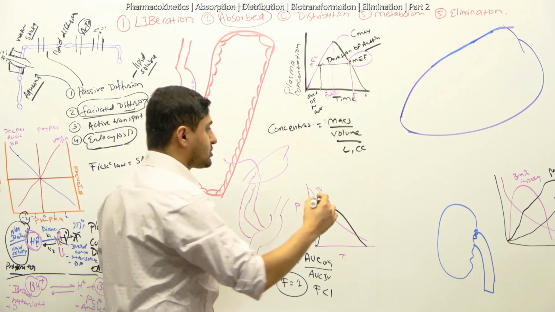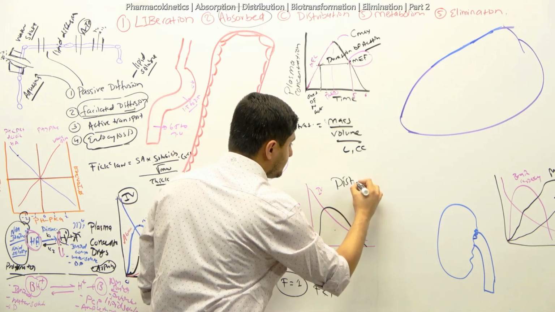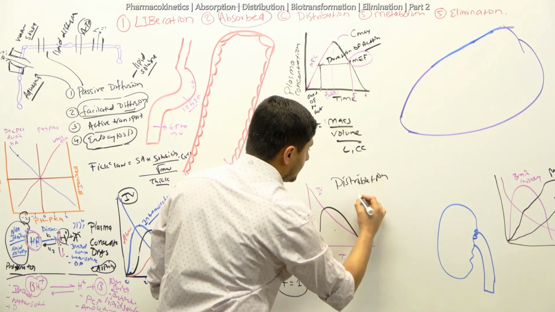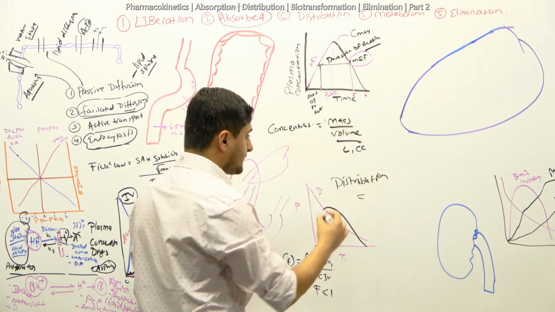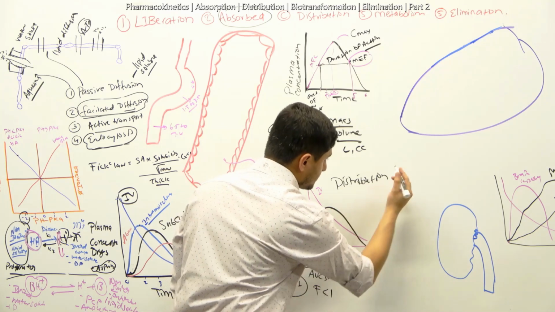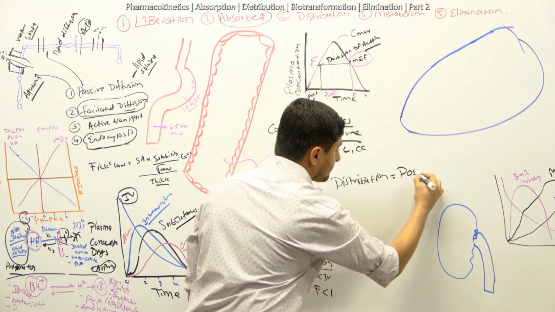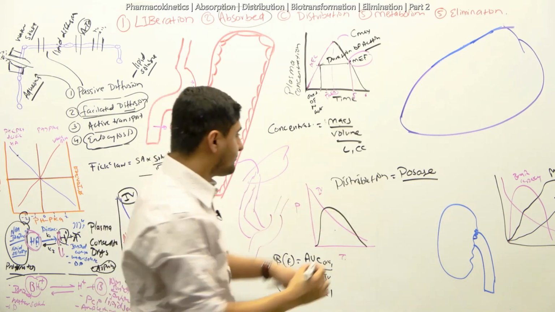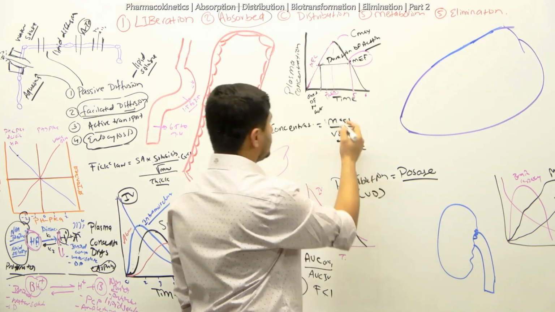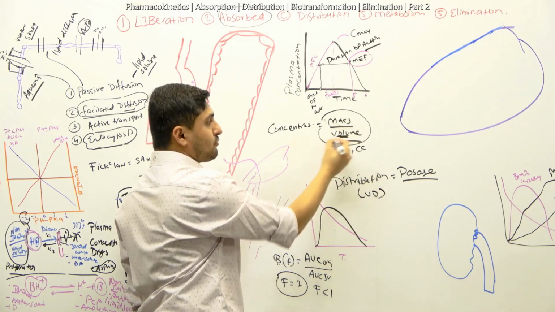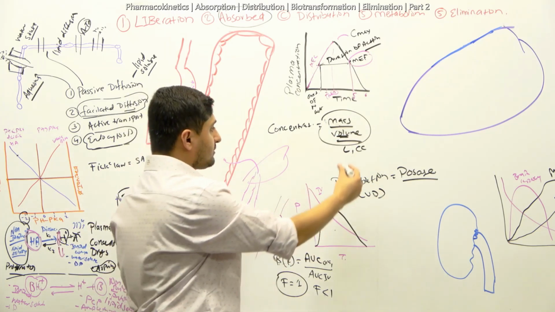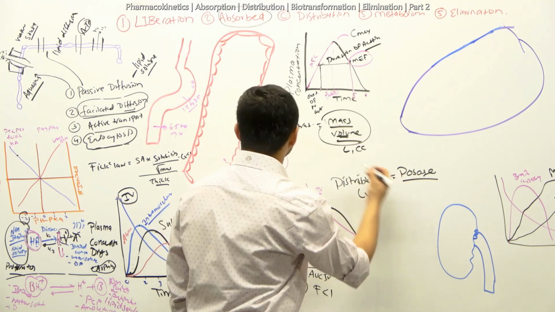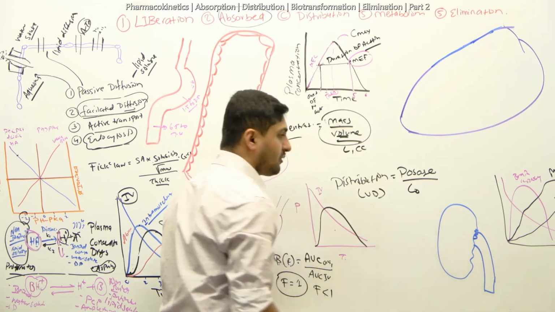And usually whenever we talk about distribution, they use this equation that I want you guys to remember. Basically, distribution, referred to as VD, the volume of distribution, is equal to the dose, how much drug you take, divided by the plasma concentration, like C0.